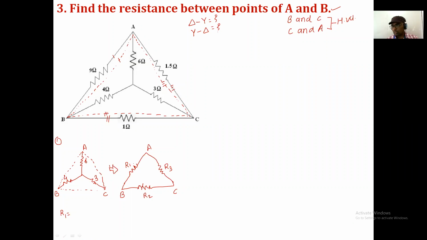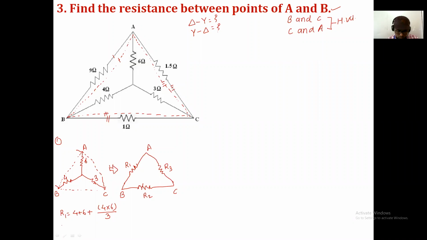R1 हा दोन टर्मिनलला कनेक्ट झालेला आहे, म्हणजे A ला पण कनेक्ट आहे आणि B ला पण कनेक्ट आहे. मग आता काय करायचं, त्या दोन टर्मिनल मध्ये यायचं. ज्यावेळेस दोन टर्मिनलला कनेक्ट असेल त्यावेळेस addition of two resistors present in the terminals A and B. That's why I say 4 plus 6 plus the product of these two resistances, 4 into 6, divided by the third resistance, which is 3. This is the formula. I have already given that formula.